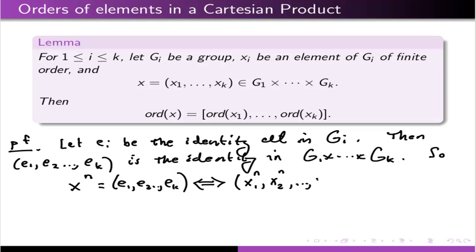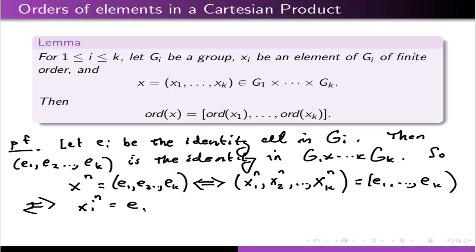So that's equivalent to saying this is (e1, ..., ek). And that's equivalent to saying that xi to the n equals ei, and that relationship is taking place in the group Gi. So I'm just matching the ith components of these tuples here.